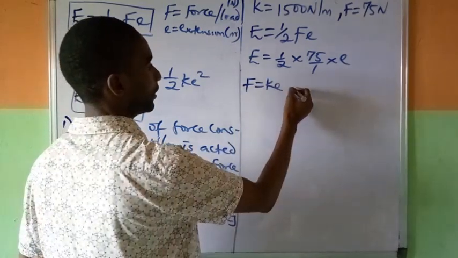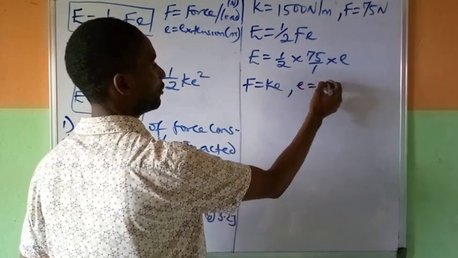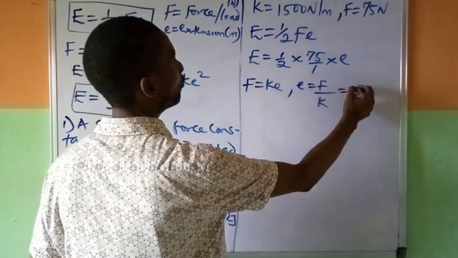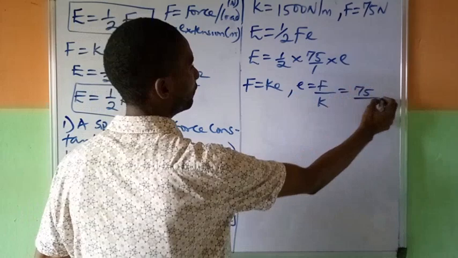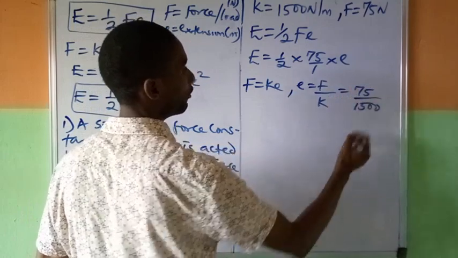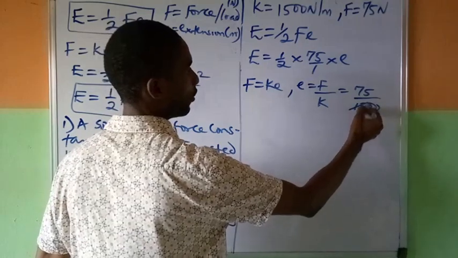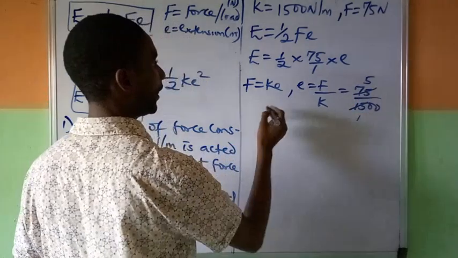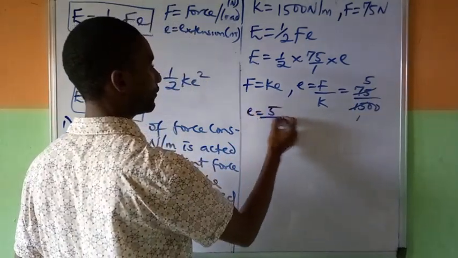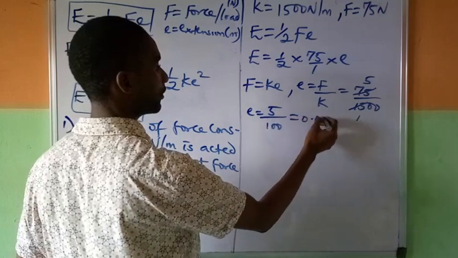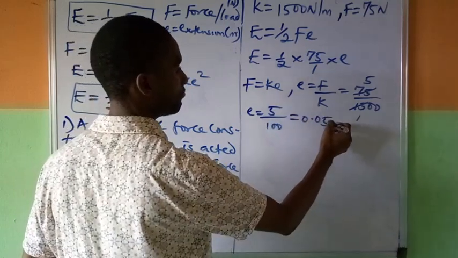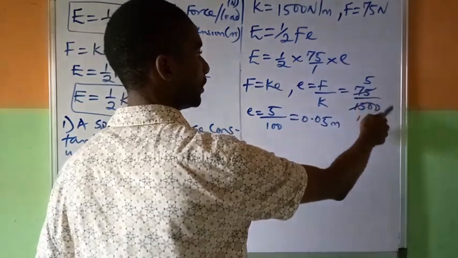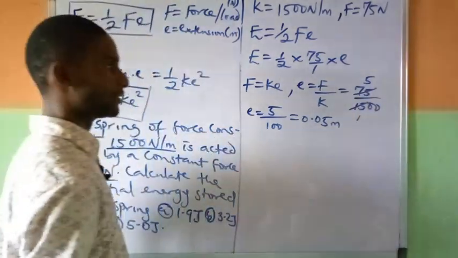Making e the subject, e is F divided by K. So 75 divided by 1500. So I have my extension as 5 divided by 100, which is 0.05 meters. Yes, because it's Newton per meter, so it's in meters.